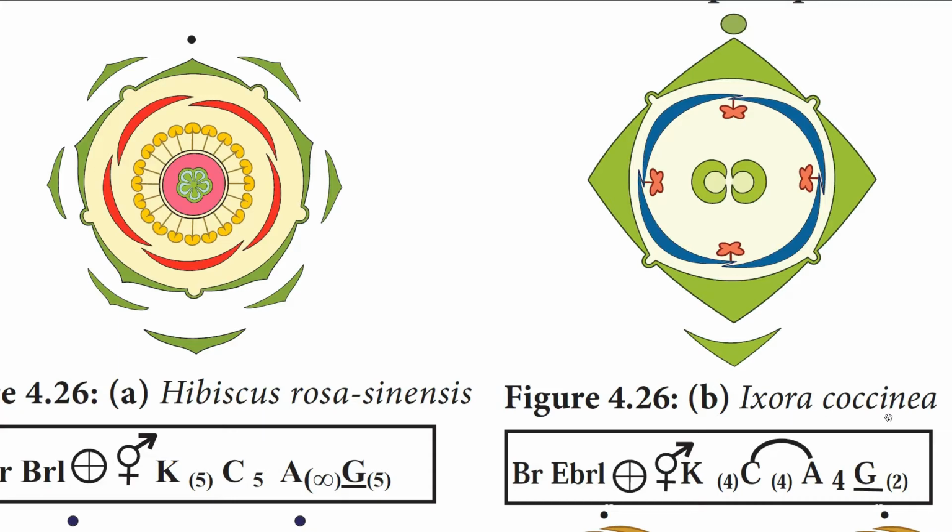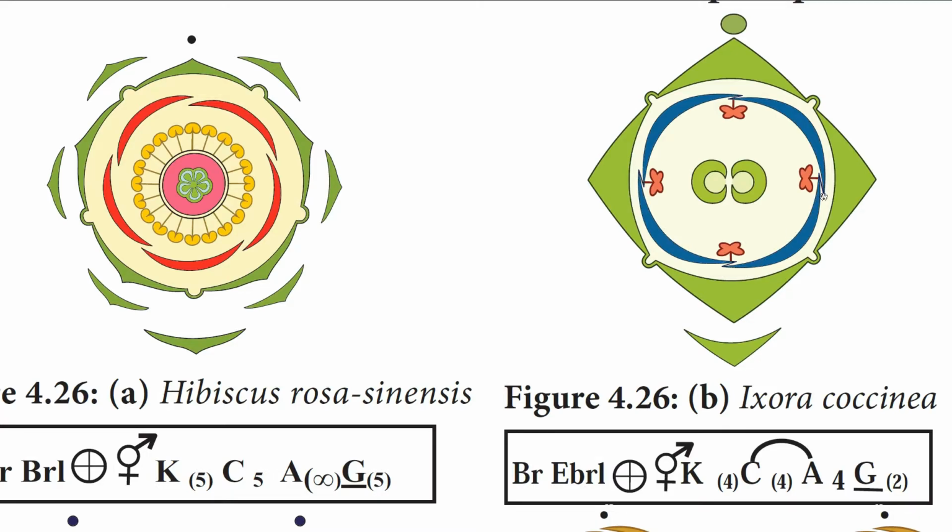So, Oenothera coccinea. Here we can see the mother axis, the dot represents the mother axis, and this green whorl is the sepals, which are 4 in number and united, in valvate aestivation. This blue concentric circle represents the petals, which are also 4 in number and in twisted aestivation. They are joined together, that means they are synpetalous.